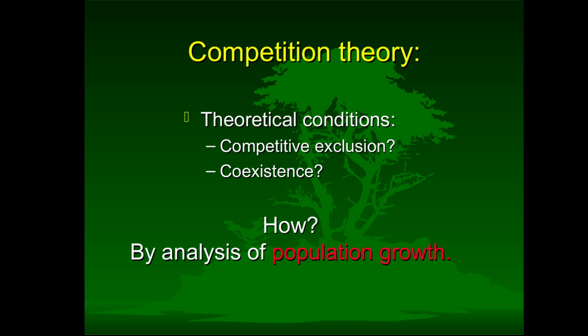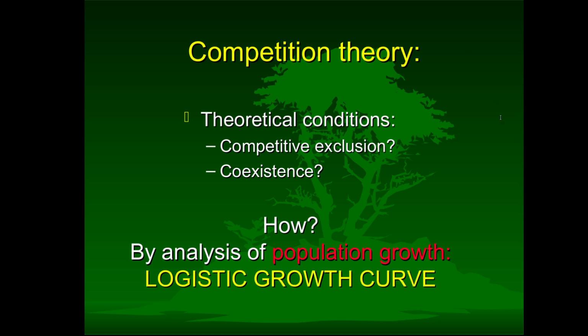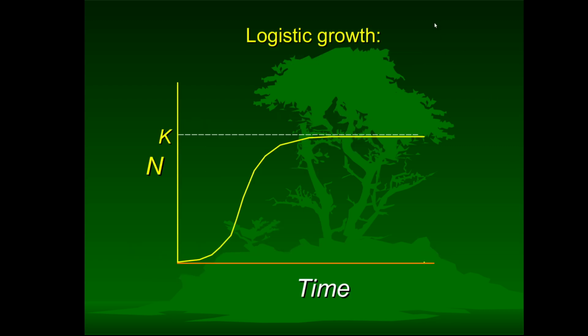So we start with the logistic growth equation in the context of consuming a resource. As time progresses, the population of a consumer increases, first exponentially, then settles down to a maximum size equal to the carrying capacity K.